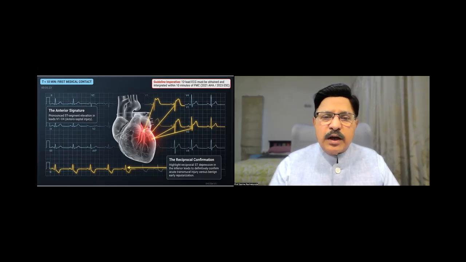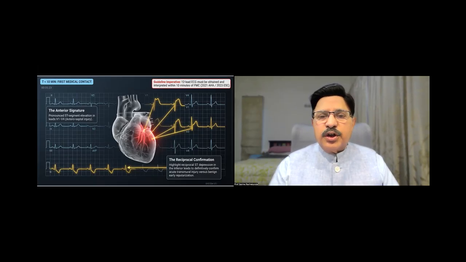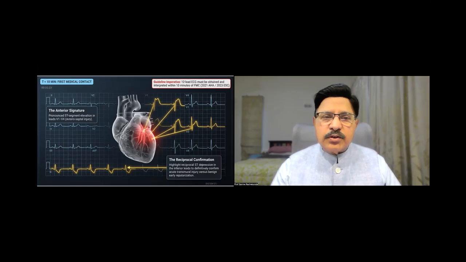The nurse assisting you would have recorded the ECG, and you can quickly look at V1, V2, V3, V4 for ST elevation, and L2, L3 for the reciprocal depression of the ST segment, as shown on this slide. This is a classical acute anterolateral, anteroseptal myocardial infarction.